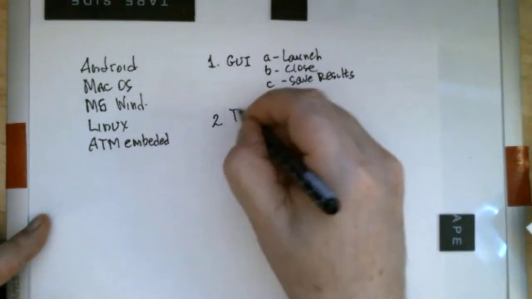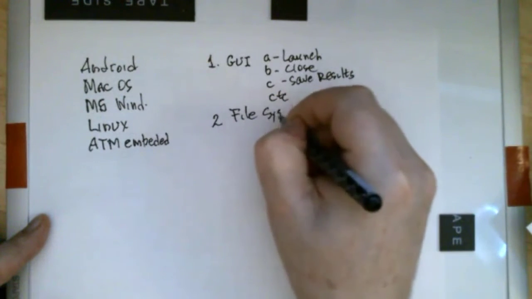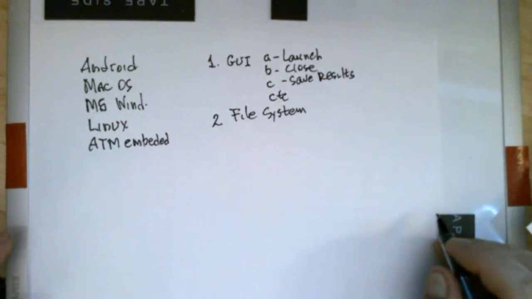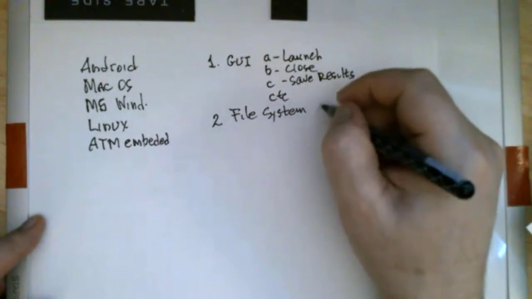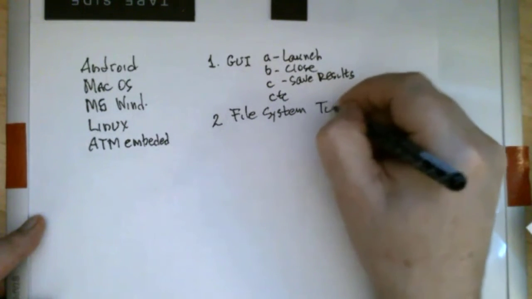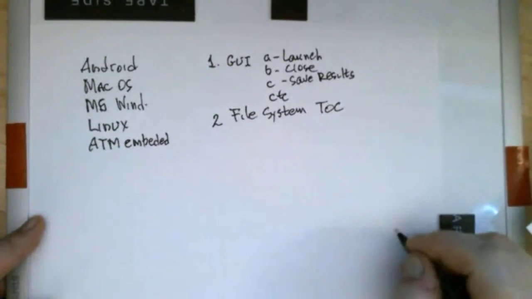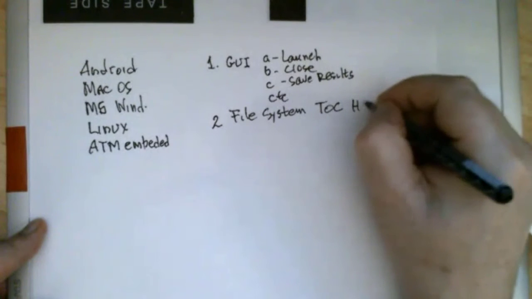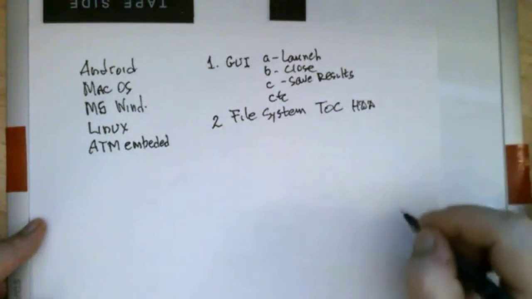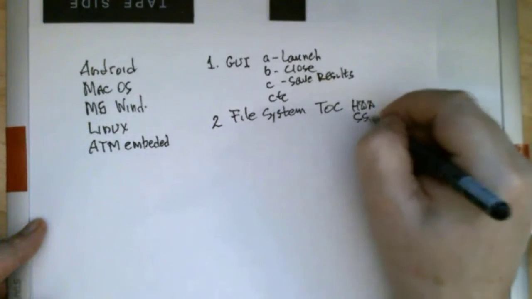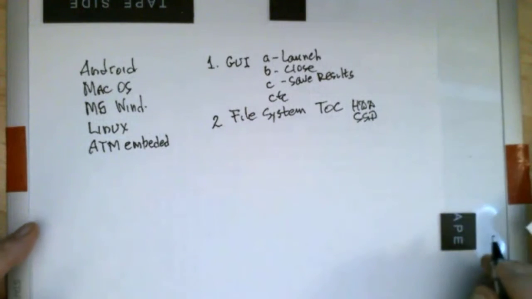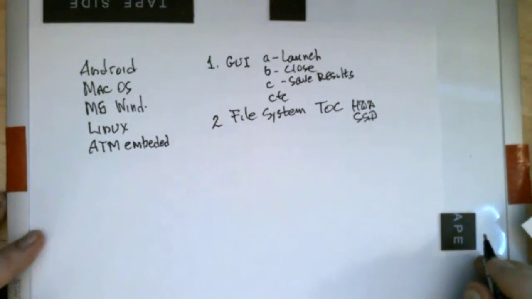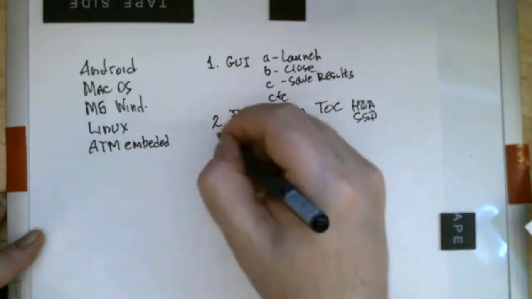Number two is the file system. Folks, the file system is actually a table of contents of what you record and what you have on your HDD, hard disk drive, or SSD. It allows you to see all your files and manage all your files.